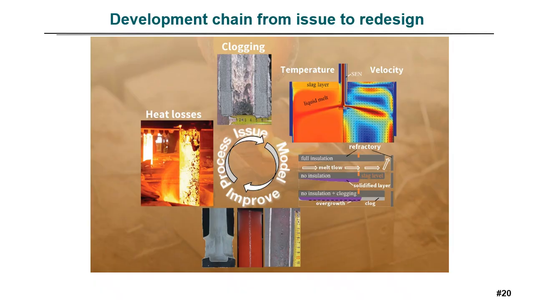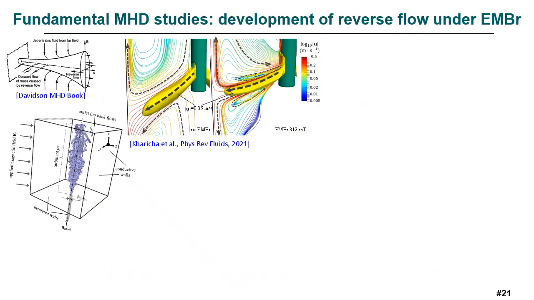We can clearly apply our designed multiphase models in the development chain, starting from recording an industrial issue, simulating and suggesting possible solutions, and performing this iterative process until the goal of the industrial partners is fulfilled. What is drastically important in our investigations is that we apply the fundamental studies into the industrial practice.